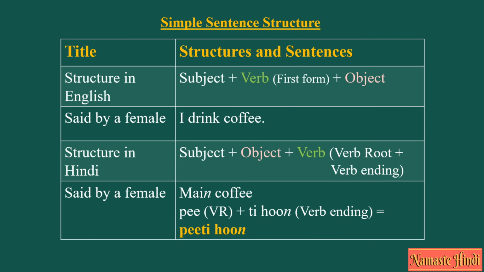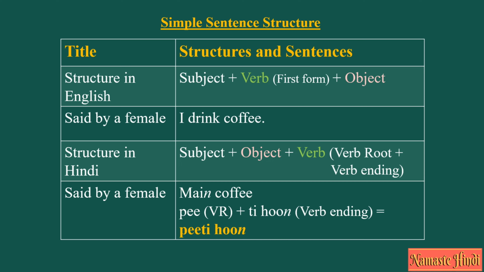Let's try a different sentence. Again, in English, the structure is subject plus verb in the first form plus object. Said by a female, in English we'd say, I drink coffee. Again, here you can say coffee as in coffee, but the structure in Hindi is subject plus object plus verb root and ending.